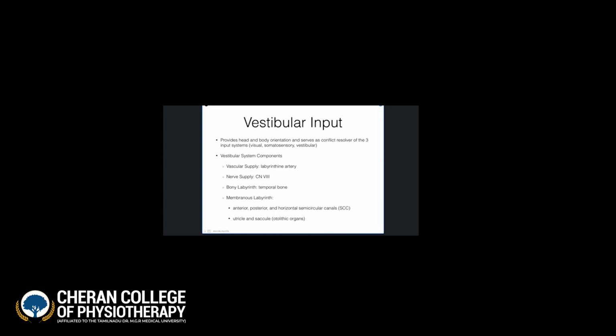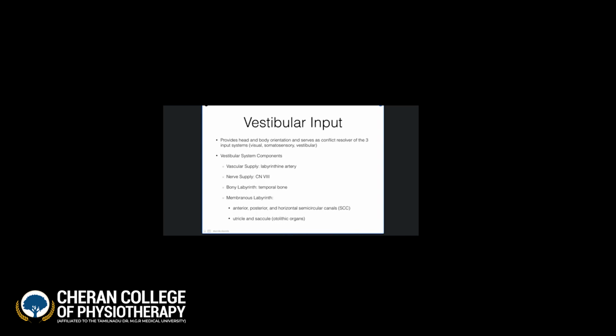So before going to that, you should understand the vascular supply of the vestibular, the nerve supply, and what bone is involved in this. The vestibular system comprises arteries, nerves, and the labyrinth, so it is a complete system. The main parts are the anterior, posterior, and lateral, which we can call the horizontal semicircular canal, and the utricles and saccules.